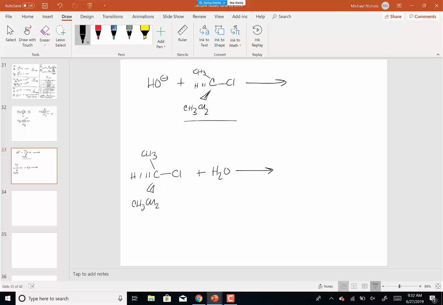Can you write the steps, arrows, charges, transition states, intermediates for these two reactions?